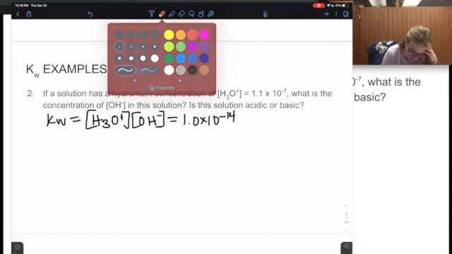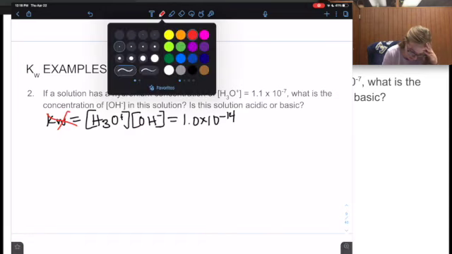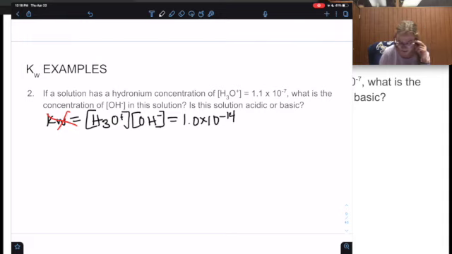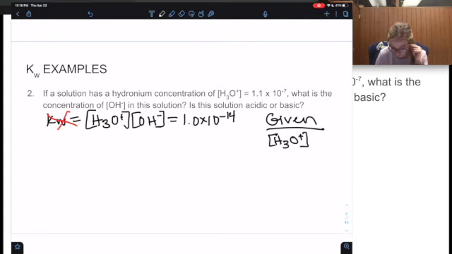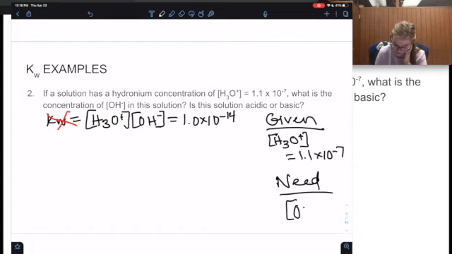Remembering that Kw is not a variable we're plugging in for, I should be able to solve this equation, as I am given [H3O+] = 1.1 × 10^-7, and I'm looking for my concentration of OH-. So I can go ahead and solve this problem.